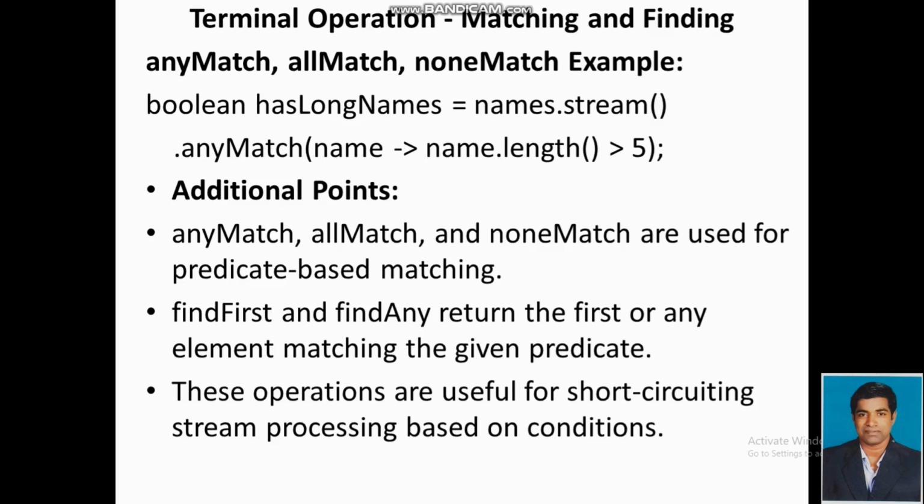If the list contains any name with more than 5 characters, that is matched and stored in hasLongName. If it is found, then it is telling us that yes, some name has more than 5 characters.